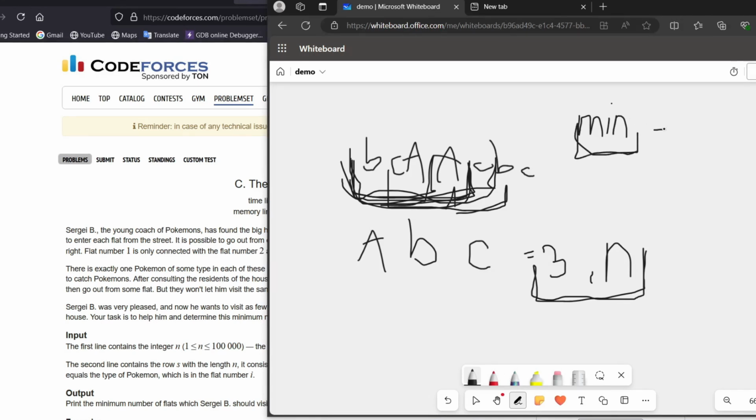Our minimum will always be set to n at the beginning, and it will hopefully shrink. So basically what we're using here is just binary search. We're moving our window towards the right, and that's basically it.